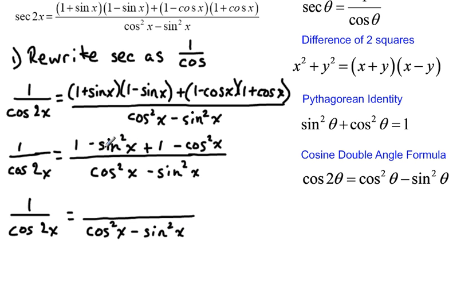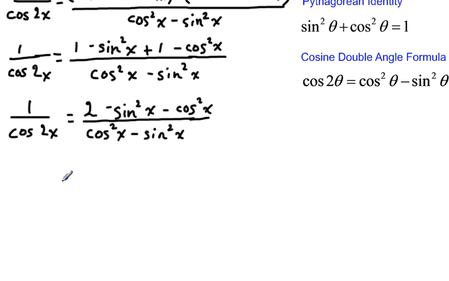Now on top, the 1 and the 1 will come together to make 2. And then we have minus sine squared x minus cosine squared x.